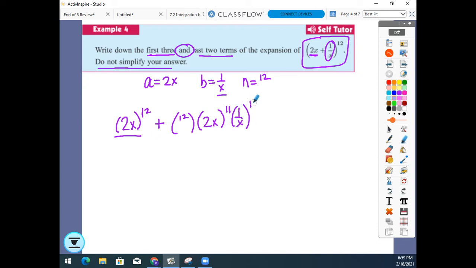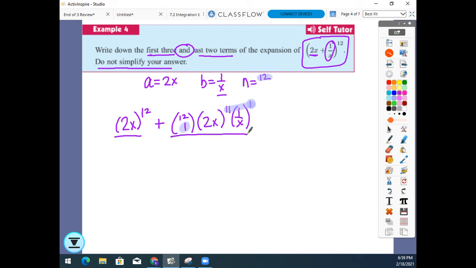Whatever the second term exponent is your r. So we're just going to fill that number in. So sometimes leaving this blank, writing this out, and using this exponent is helpful. And remember, from when we did Pascal's triangle, these two must always add up to n.